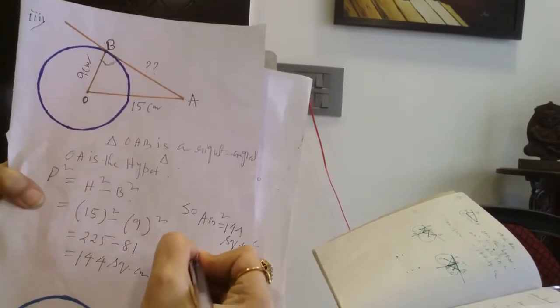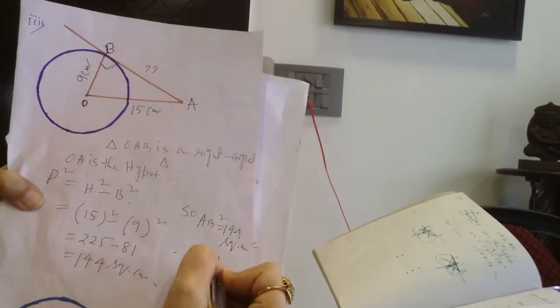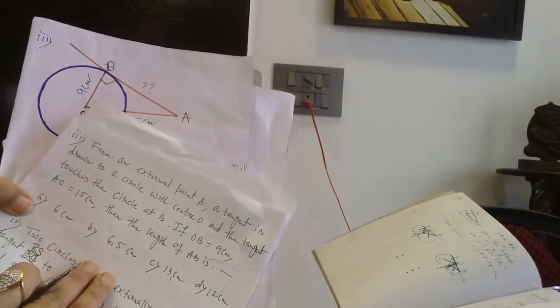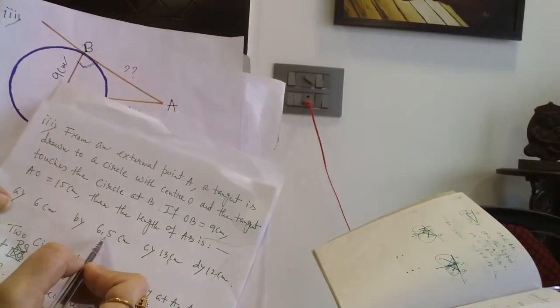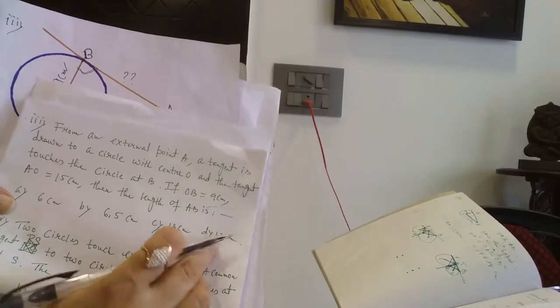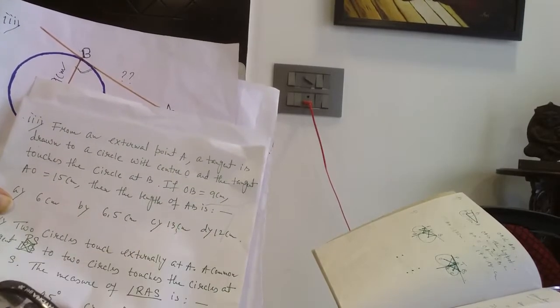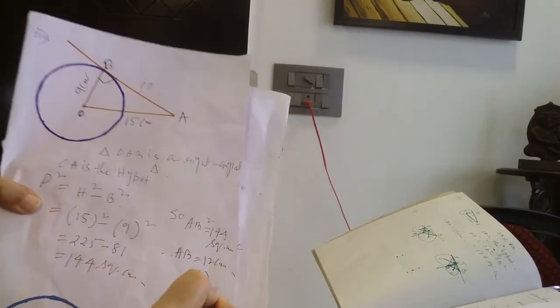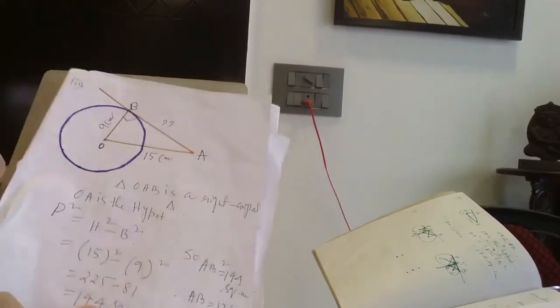Therefore AB is the square root of that, which means 12 centimeter. Here the options are 6, 6.5, 13 and 12. So your option will be D. The correct answer is option D. This is a very easy one.